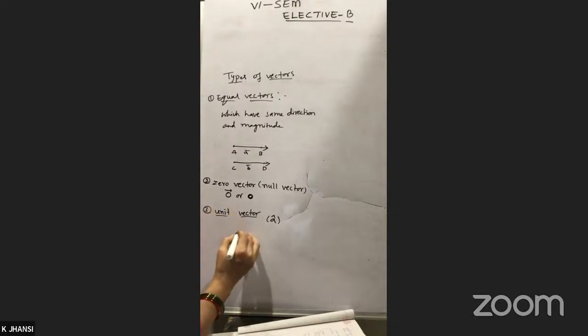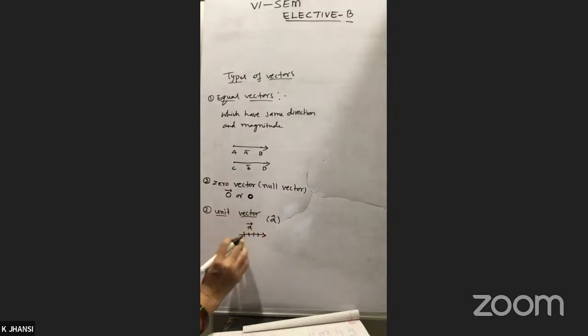Usually you will represent it like this. One vector has some magnitude. This is the vector A. Along the vector A, we have one more vector, that is A cap. This A cap moves along with vector A and has a magnitude of 1 unit.